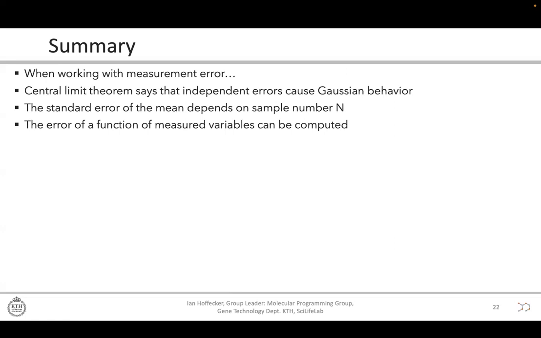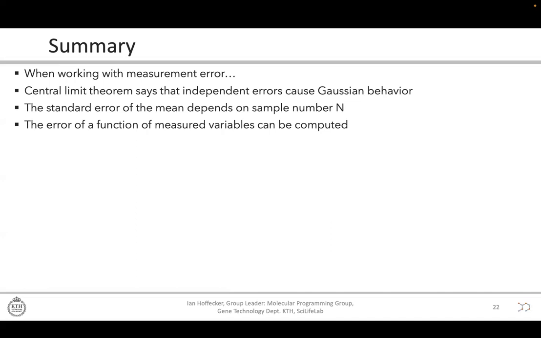So to summarize, if we're working with measurement error, we're going to be trying to report our confidence. The way we usually do this is assume that the error follows a Gaussian distribution. The reason this is usually valid is because the generating mechanism for the Gaussian distribution is very similar to the process that generates random errors.